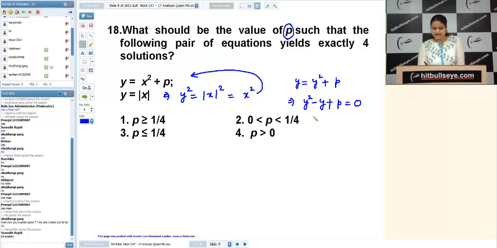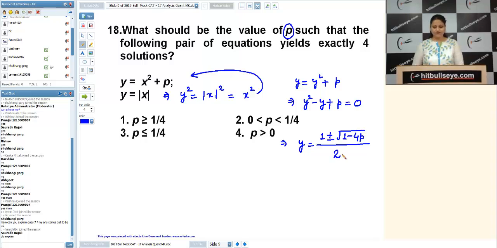So since I am getting y square minus y plus p is equal to 0, we will find the solution of this. Again you can apply that formula, minus b plus minus square root of discriminant divided by 2a. So it will be 1 plus minus square root of 1 minus 4p divided by 2a.